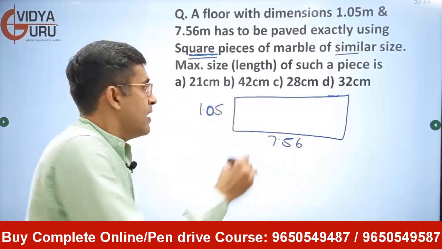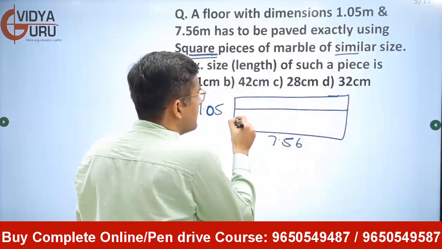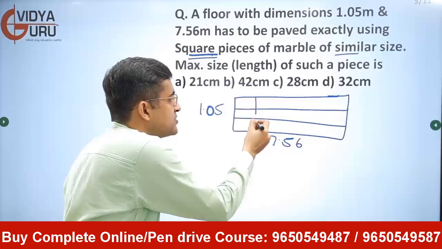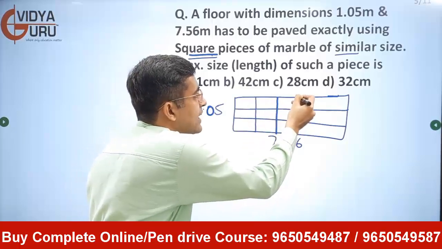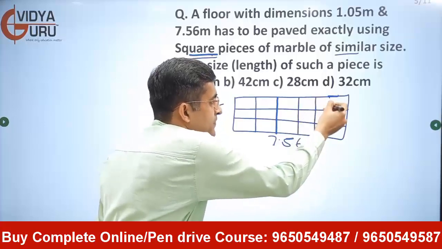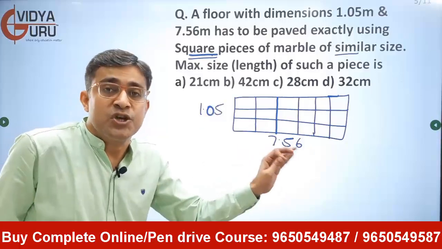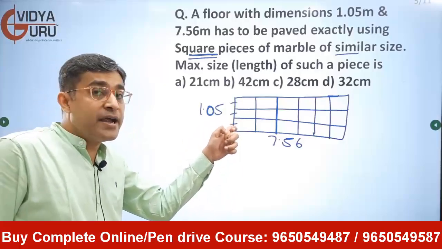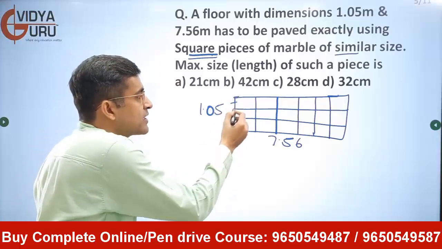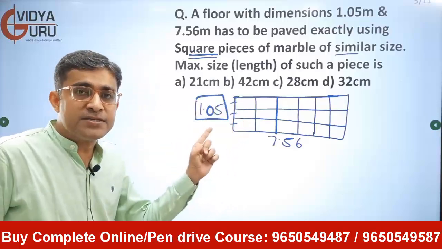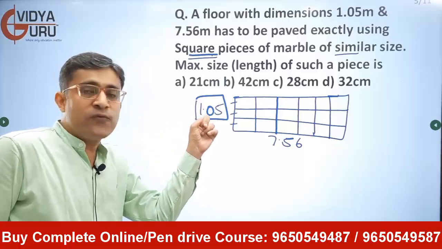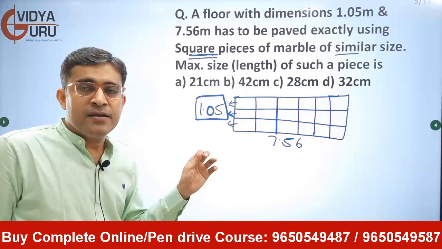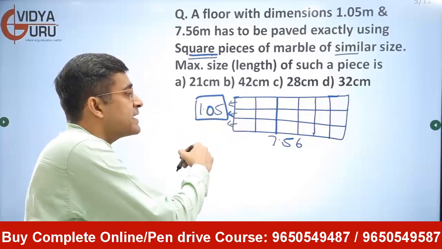Think of it like this. I must have such square pieces, a square whose side should completely divide 1.05 meters, should not leave aside anything. 1.05 should be completely divisible by it.